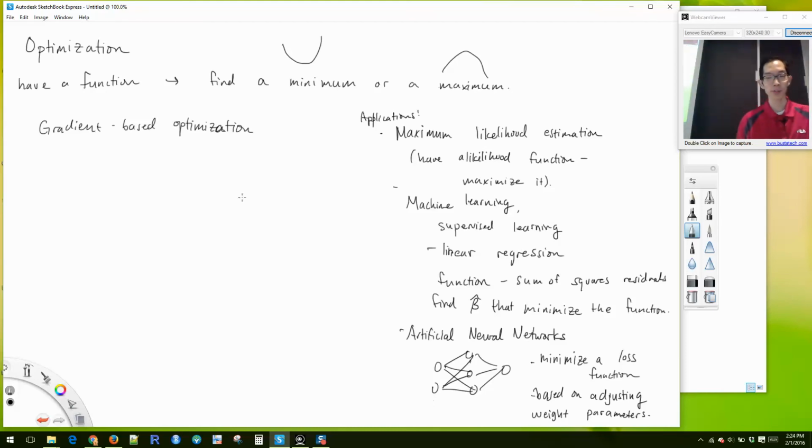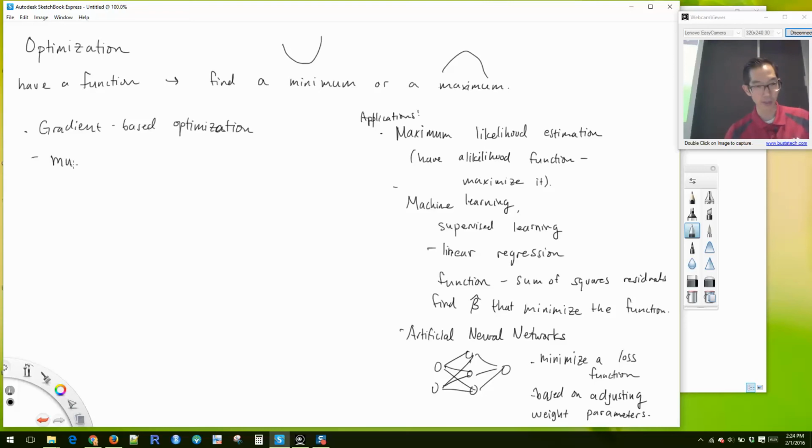Okay, so gradient-based optimization. This is basically the multivariate generalization of what you did in calculus, finding local minima and maxima based on derivatives.